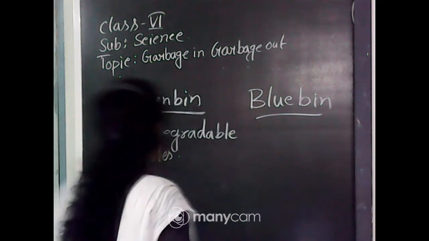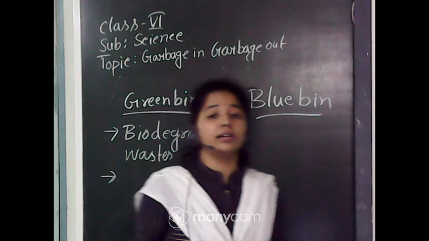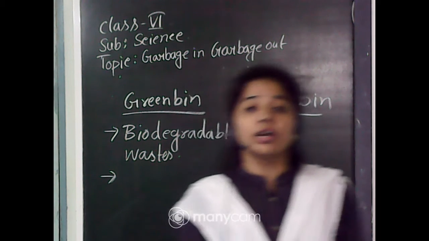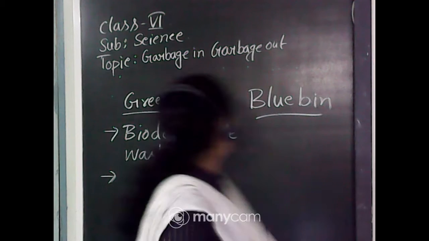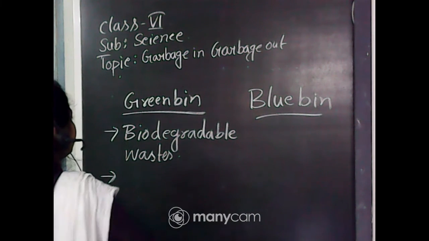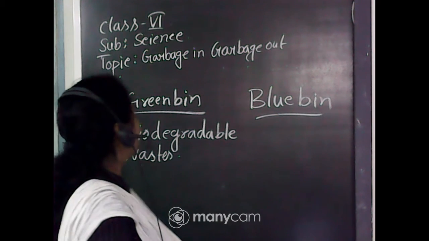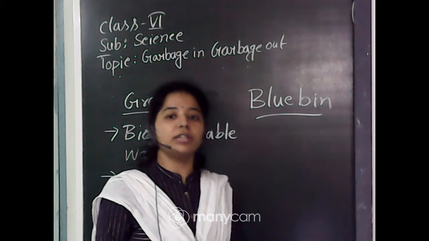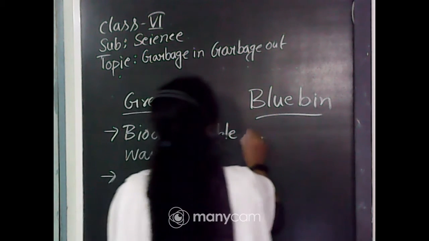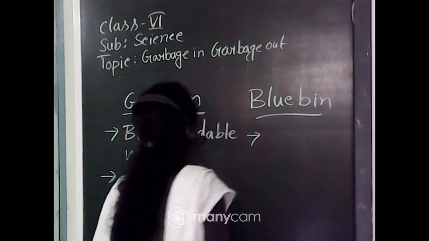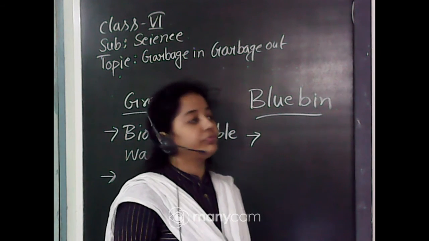Kitchen waste including the peels of vegetables, peels of fruits, also egg shells, these all come under kitchen waste. These are degradable in nature, they can easily degrade, that is why they are called biodegradable waste. But the blue bin is for things that cannot easily degrade.